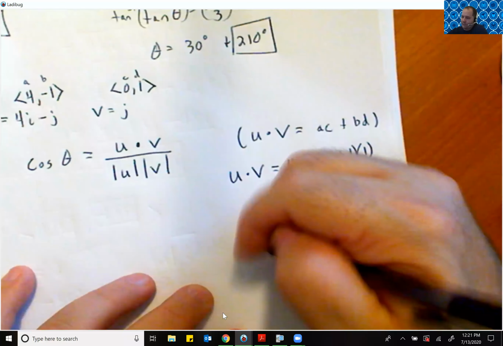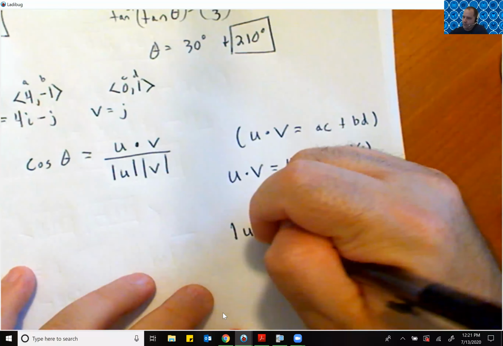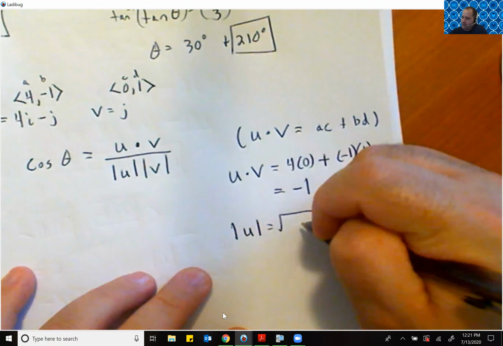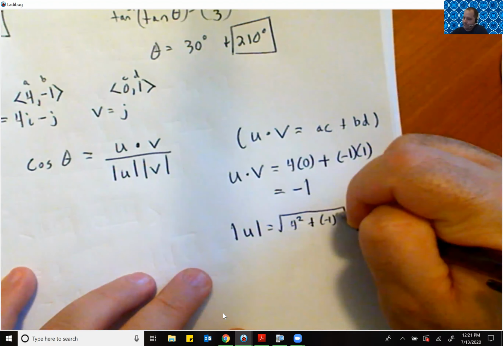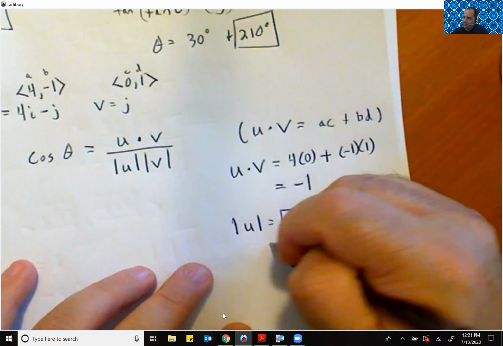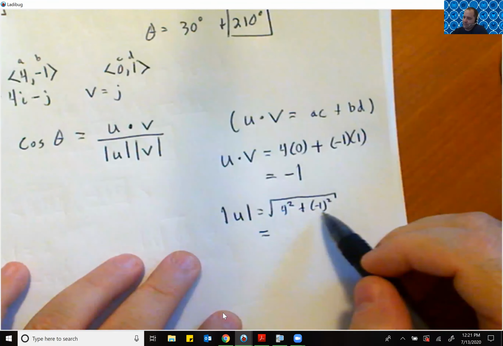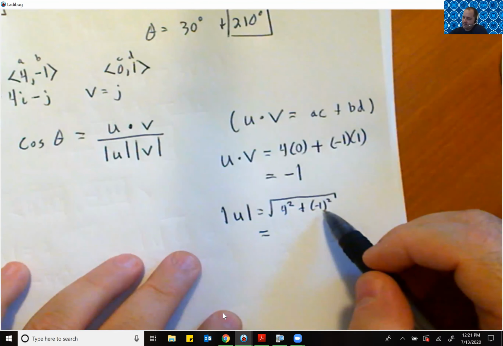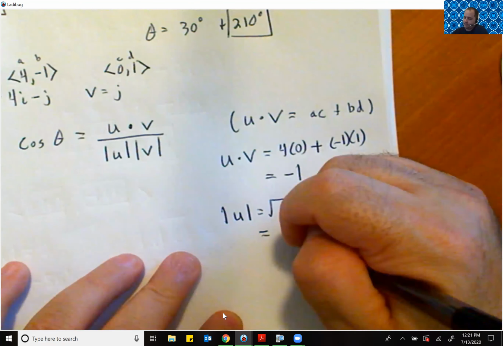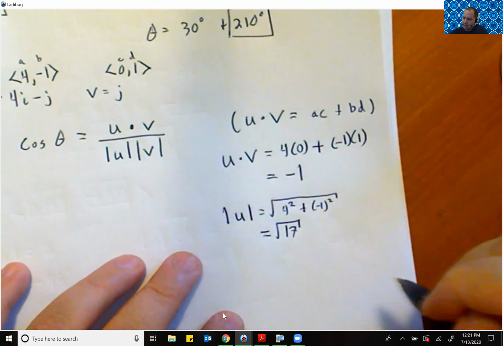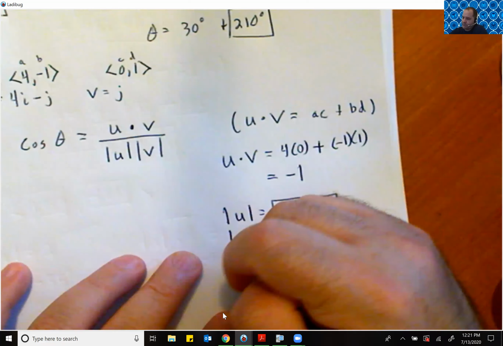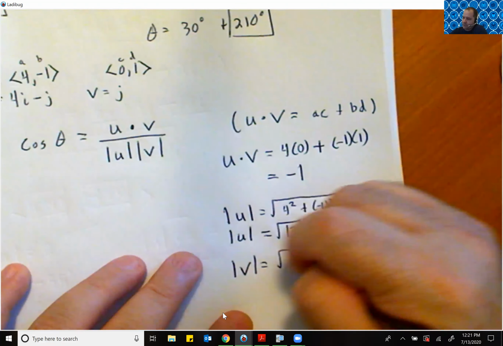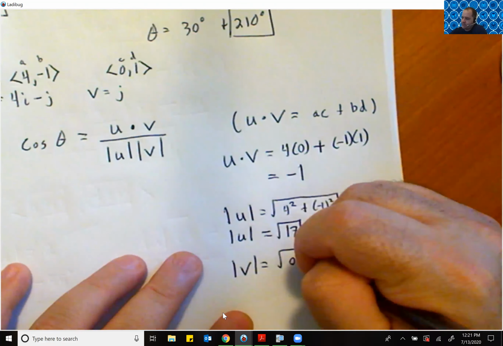The magnitude, we've already talked about how to find those. So the magnitude of u is equal to the square root of 4 squared plus -1 squared. So that's 16 plus 1, which is square root of 17. So there's the magnitude of u. The magnitude of v is equal to square root of 0 squared plus 1 squared.